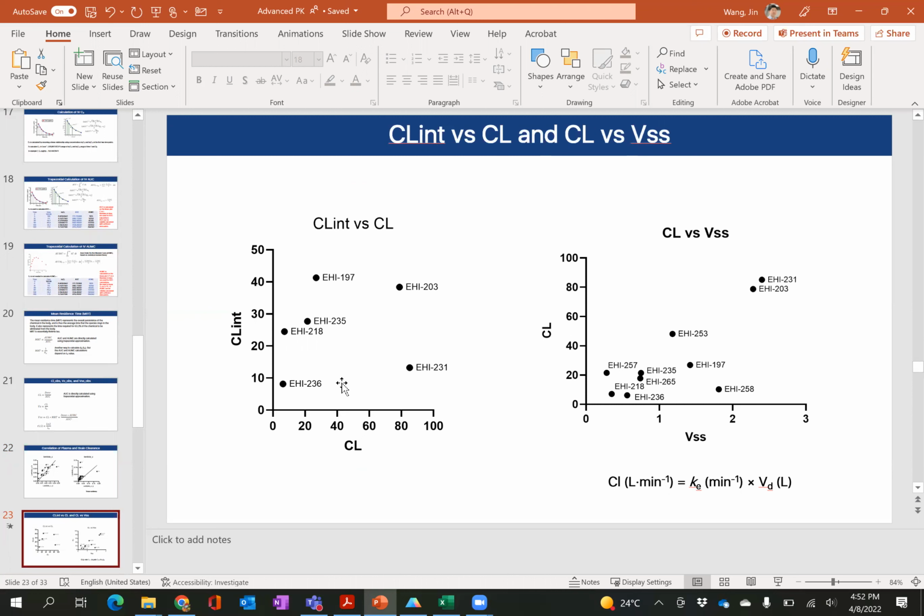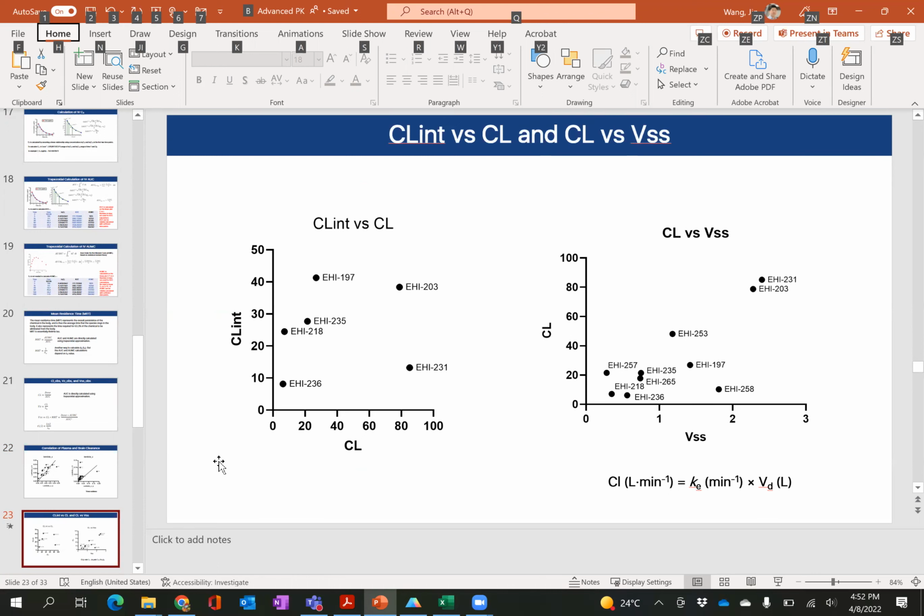There's no good correlation at all. So I feel there's not a lot of value in doing all these in vitro experiments, especially now that we have our own triple quad. If we can do in vivo profiling, it will be a lot more valuable than the in vitro experiment.